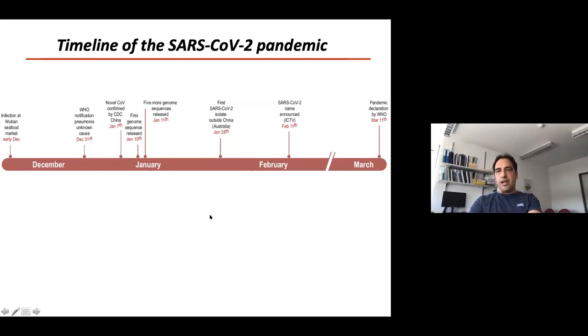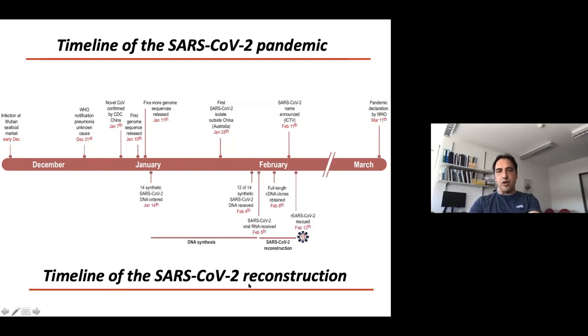So what we did then, essentially, in the timeline of the SARS coronavirus 2 reconstruction, we, of course, wanted to apply our system to this new virus. And at the day when we saw the sequences, shortly after we ordered synthetic overlapping fragments, and then it took about 3 weeks until we had 12 or 14 synthetic fragments.